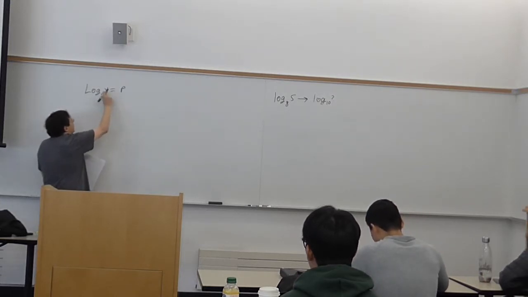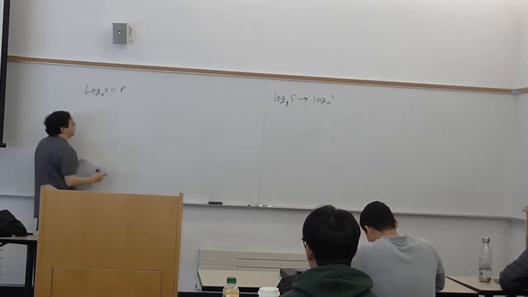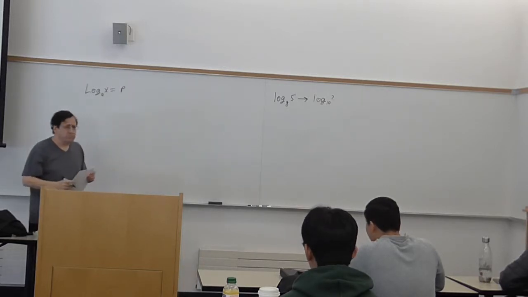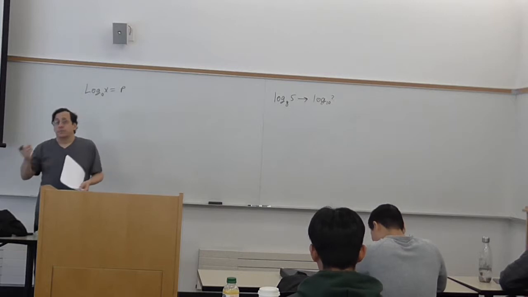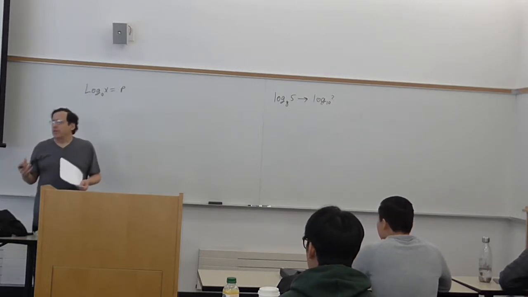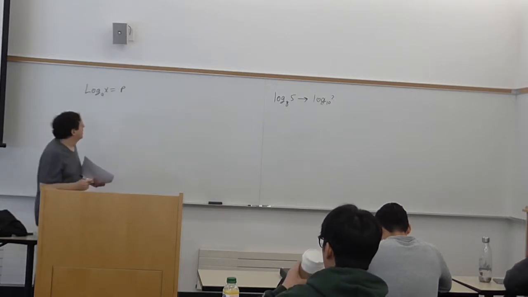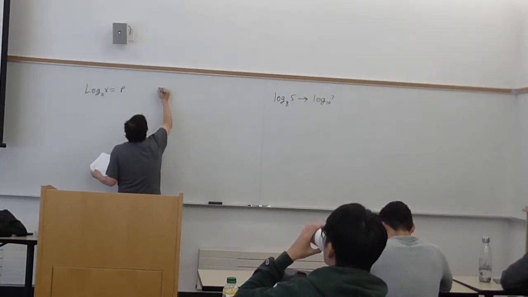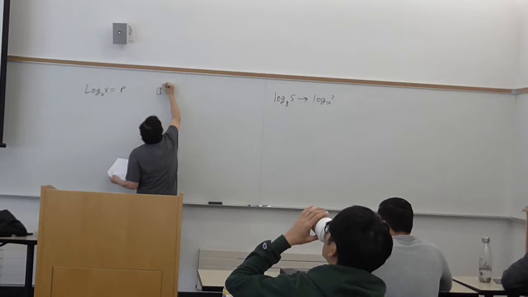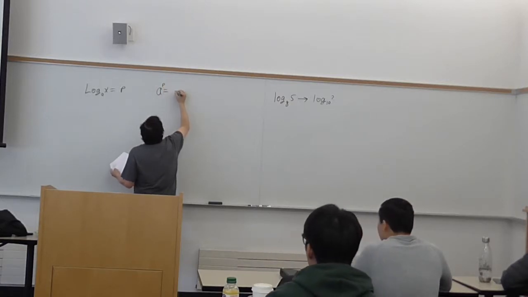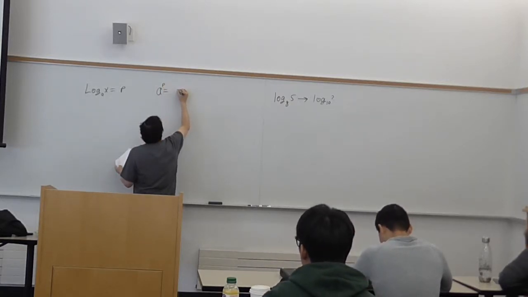So a is my base, x is the value of the function, and p is the exponent for log. And I want to rewrite this using the inverse function, right? That means I want to write a to the p equals x.